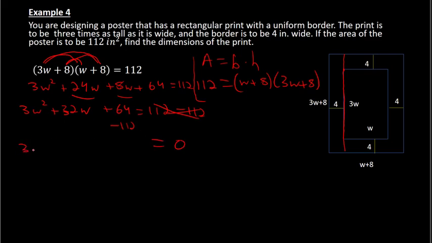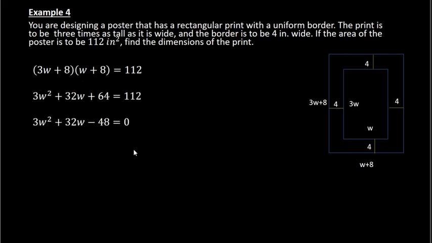And then on the left side, we have 3W squared plus 32W. Then 64 minus 112. That would give me, what, negative 48. So we have 3W squared plus 32W minus 48 equals 0. And we see that typed up a little neater right here.